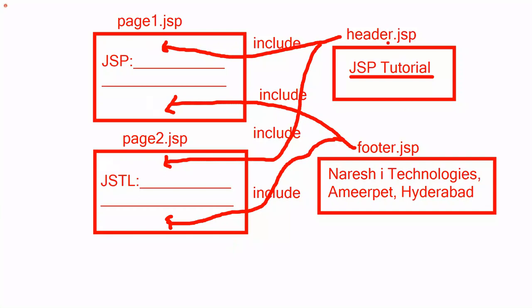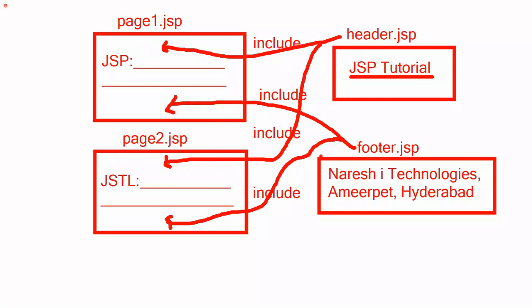So header.jsp, footer.jsp. Header.jsp is included 2 times. Footer.jsp is included 2 times. If I send a request to page1.jsp, 3 programs are executed: header, page1, footer. If I send a request to page2 also, 3 programs are executed: header, page2, footer.